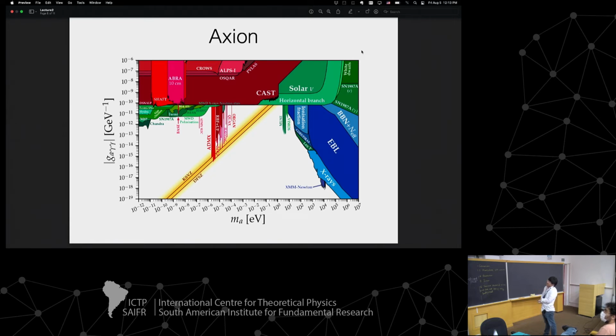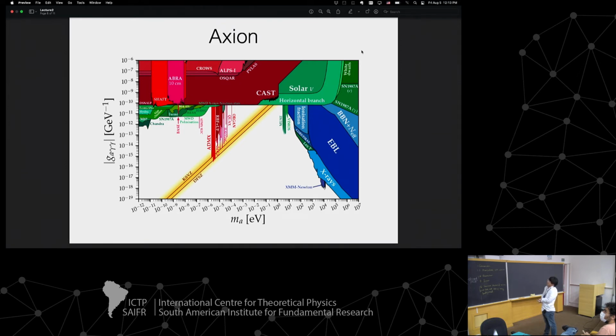Already it's a very large energy scale. But some of these cavity experiments, like the ADMX experiment I was telling you about, can already get to 10 to the minus 13 and 10 to the minus 14. Okay? So these experiments are very good.